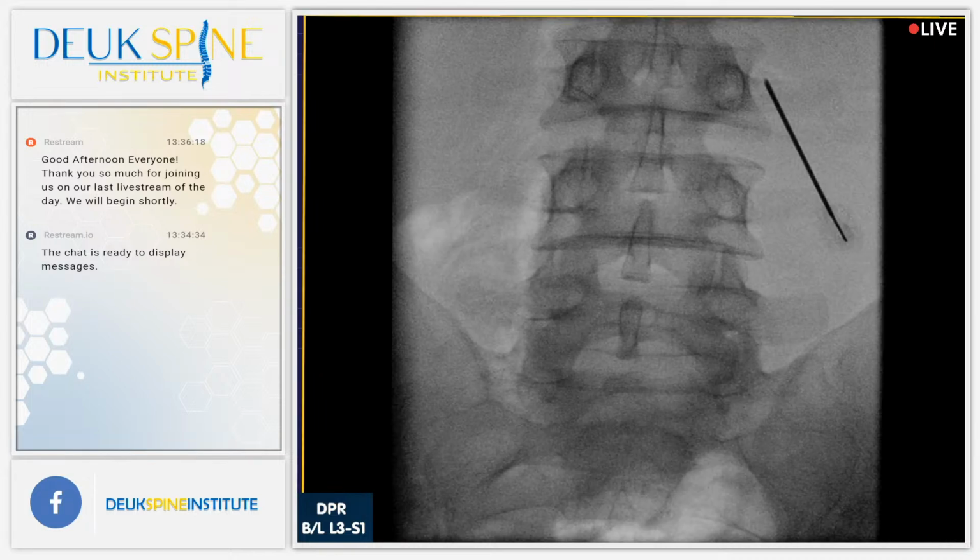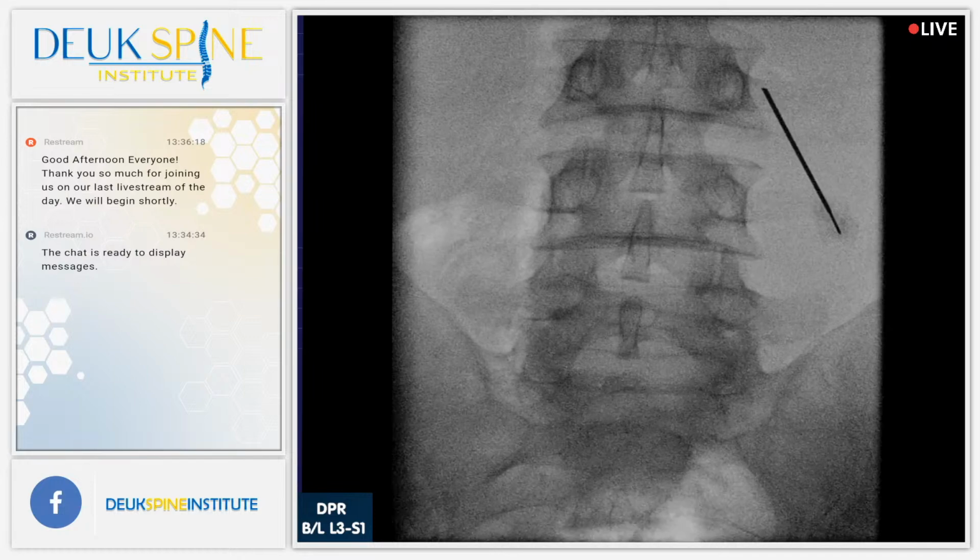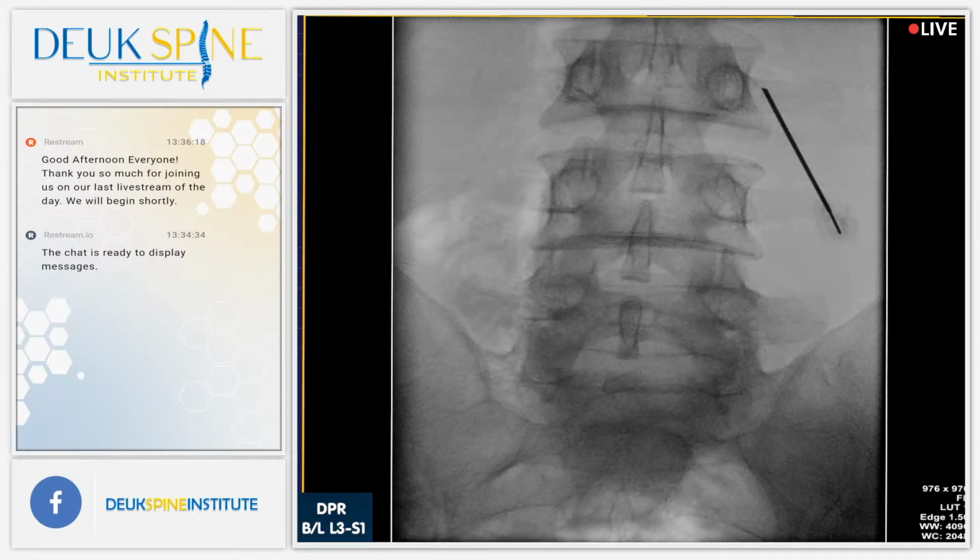Too high. So to do this, you have to actually be right on the transverse process. It's very strange.